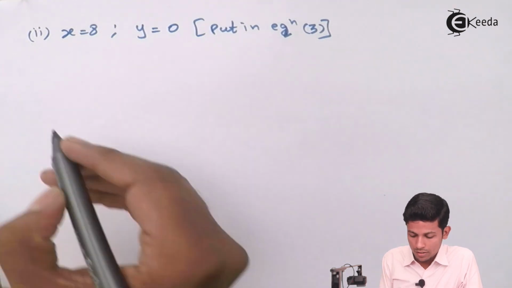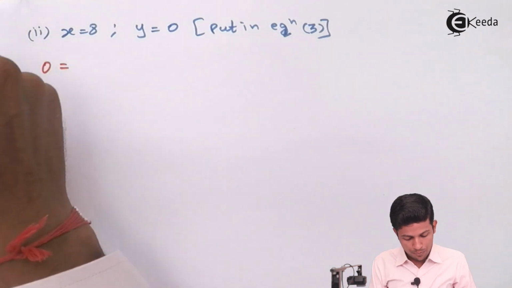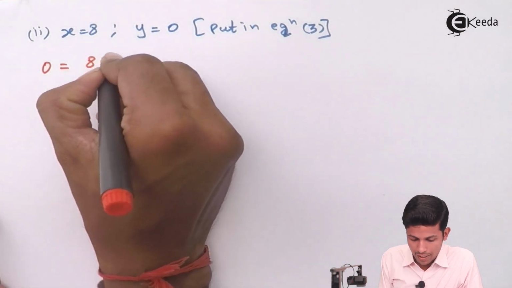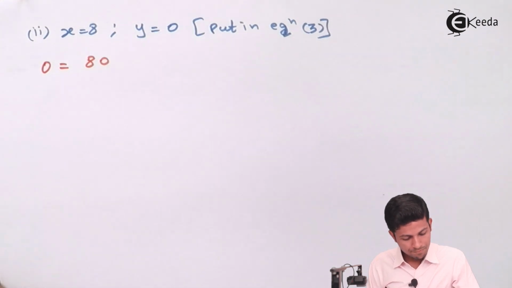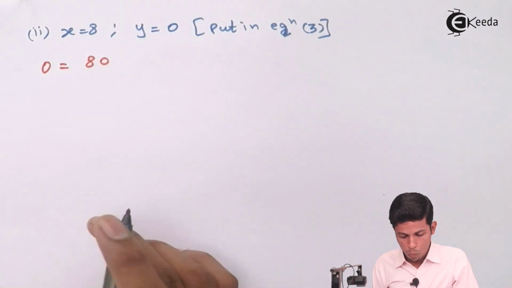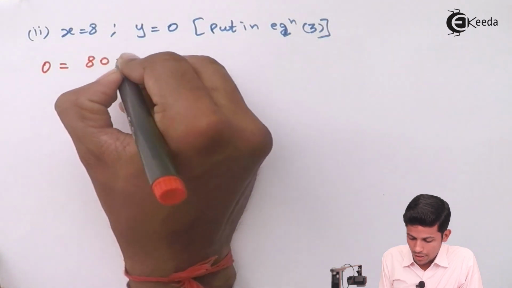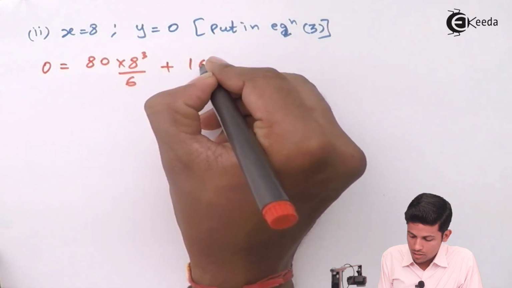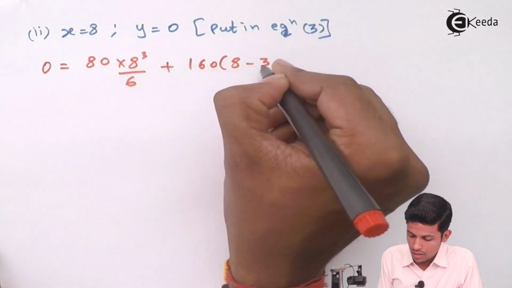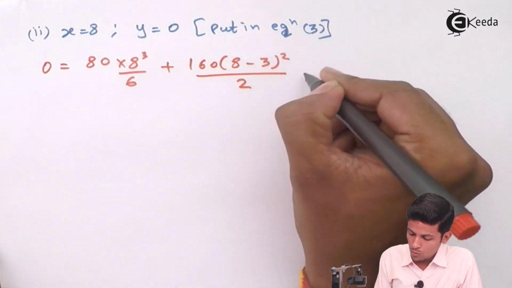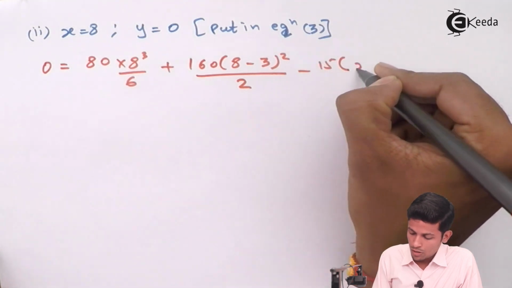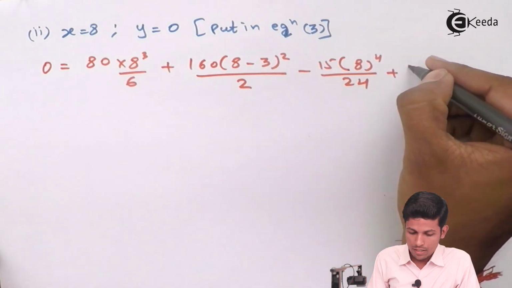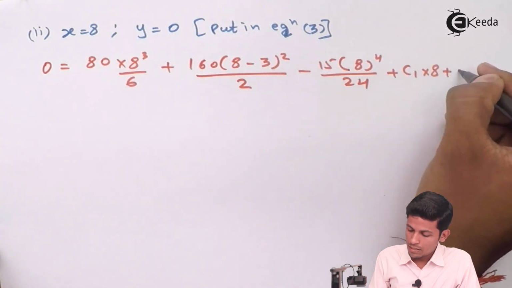So 0 is equal to 40 into 8 raised to 3 upon 6 plus 160 into (8 minus 3) raised to 2 upon 2 minus 15 into 8 raised to 4 upon 24 plus C1 into 8 plus 0.